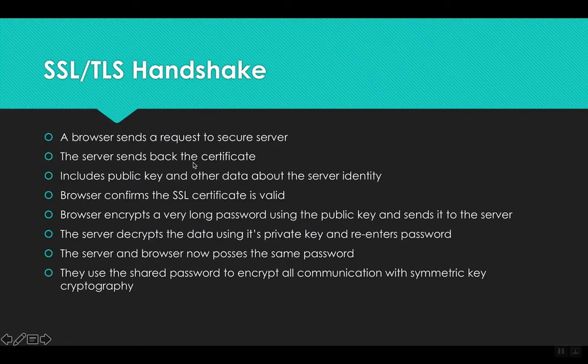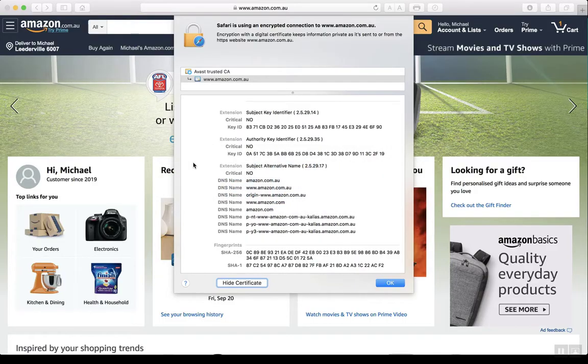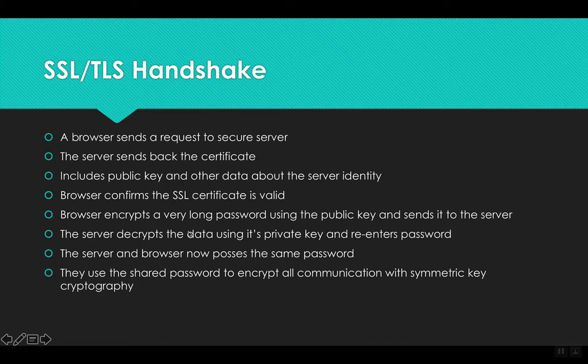Now, in an SSL or TLS handshake, a client will request the server to be secure. The server sends back the certificate, public key, and authority information about the server, so this certificate information goes back to the client.